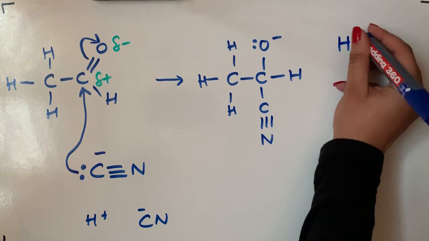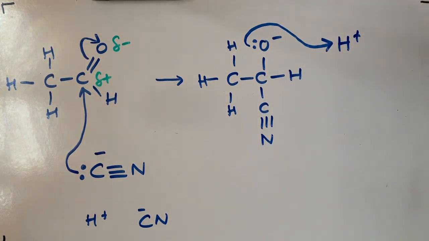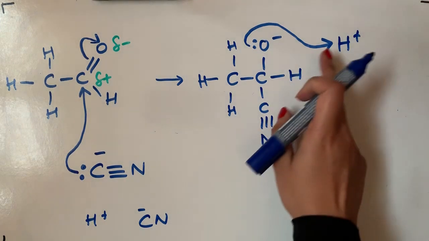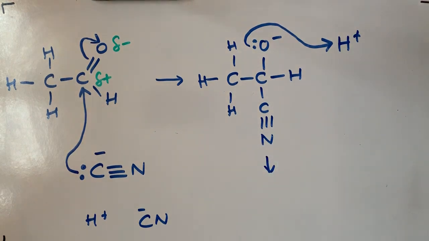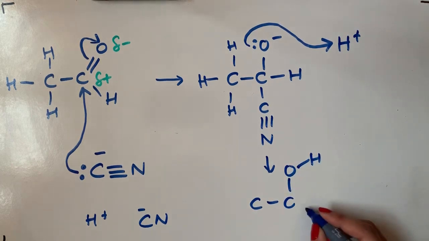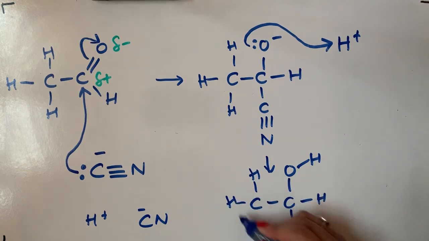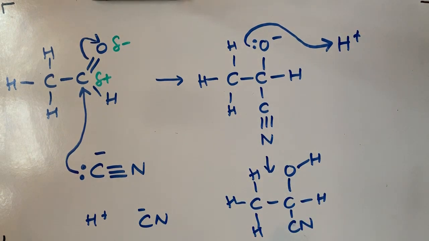So now H plus over here, lone pair of electrons, donate the electrons to the hydrogen ion, and therefore form a bond with that, and therefore the product of this, like CN over here, like that, and we formed our hydroxynitrile, and again it's undergone nucleophilic addition.